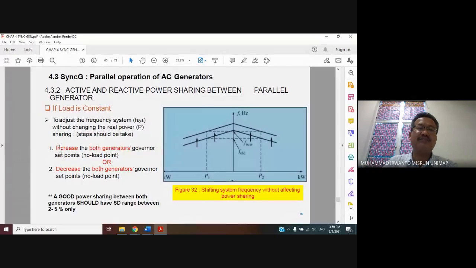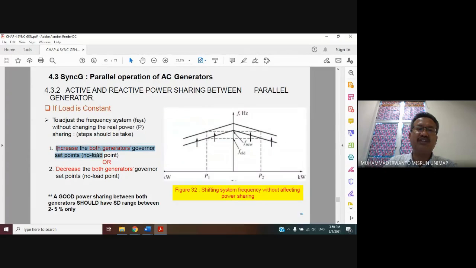Some steps: increase both generators' governor set points at the no-load point, or decrease both generators' governor set points. With the load constant, we want to reach one value of the frequency.